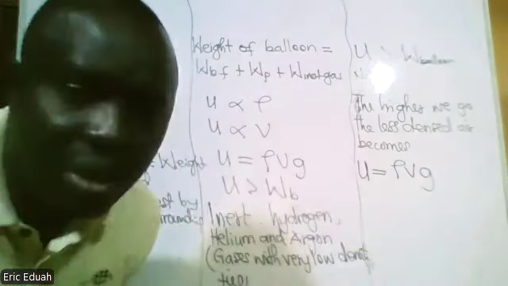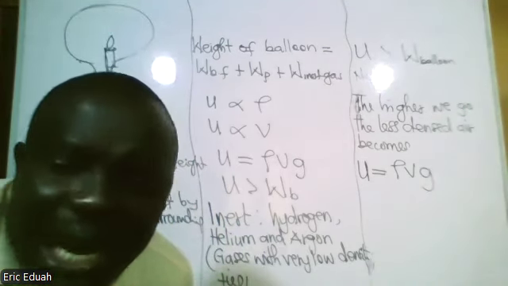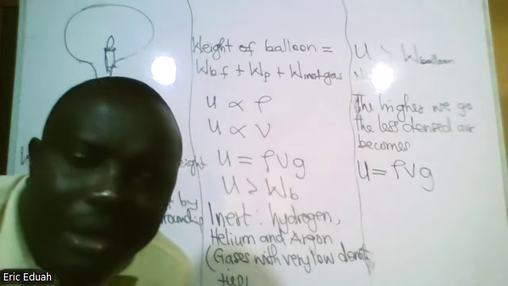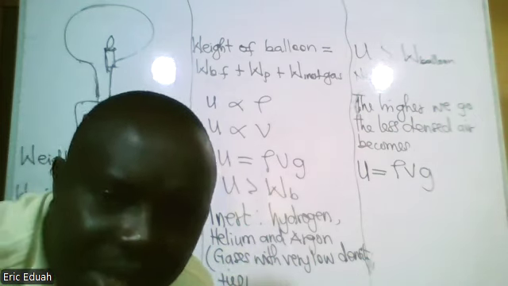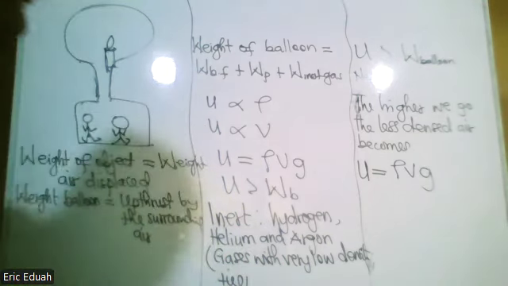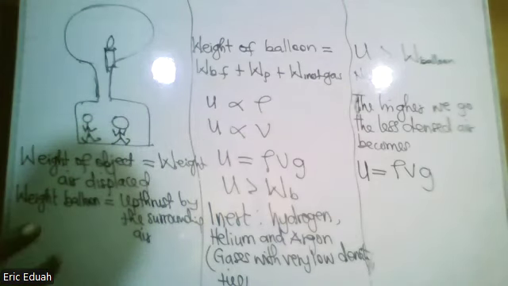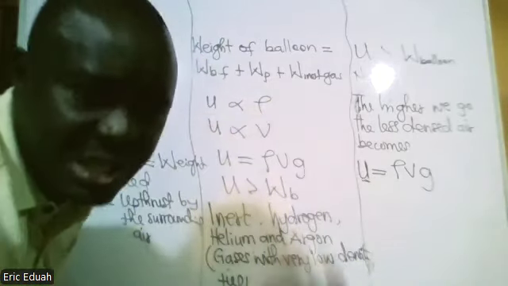But rho is changing because we are going up. I said the higher we go, the lesser the concentration of air becomes. So as we are going up, rho would be decreasing. Now, if rho is decreasing, then it means that upthrust as we go up will be decreasing.